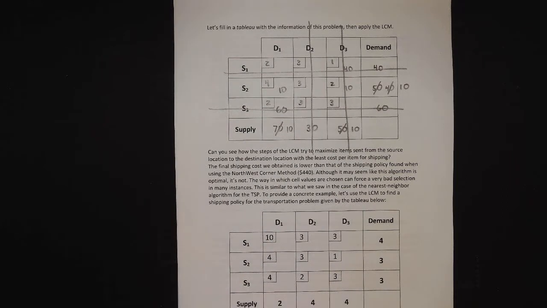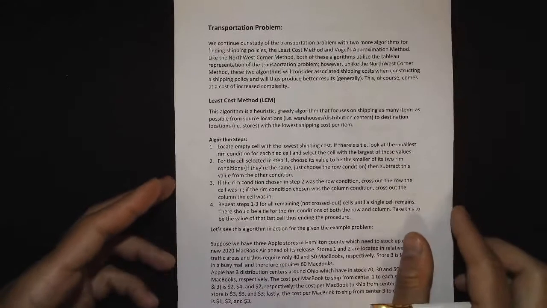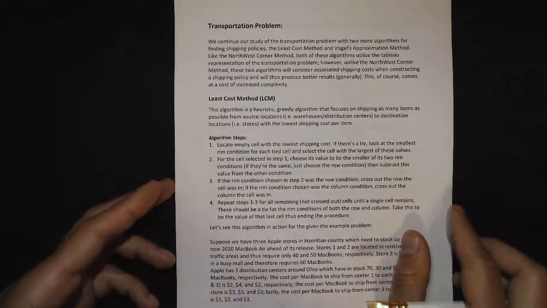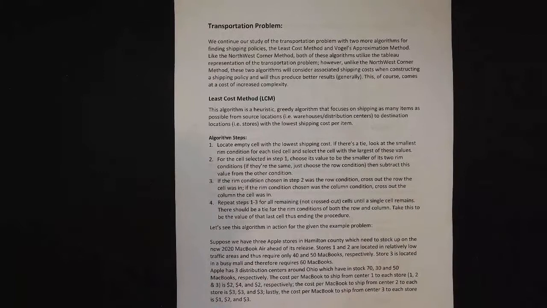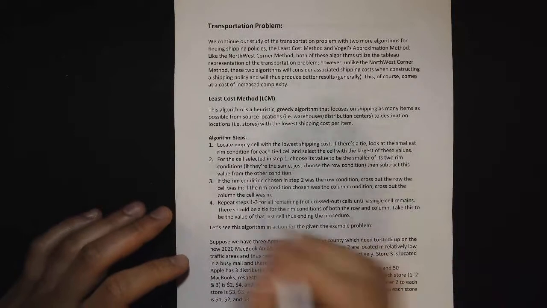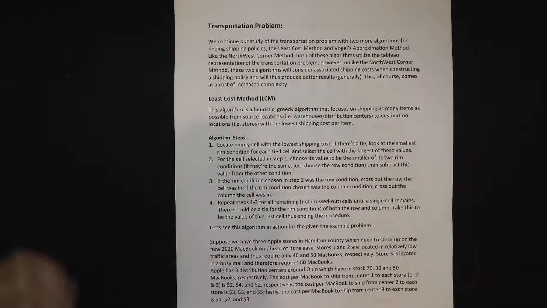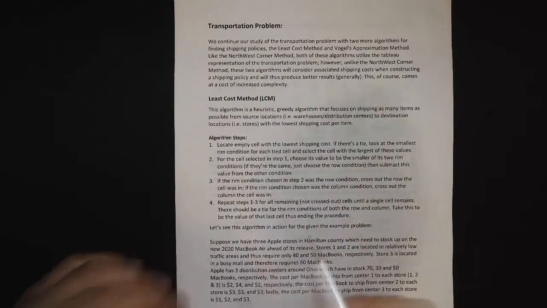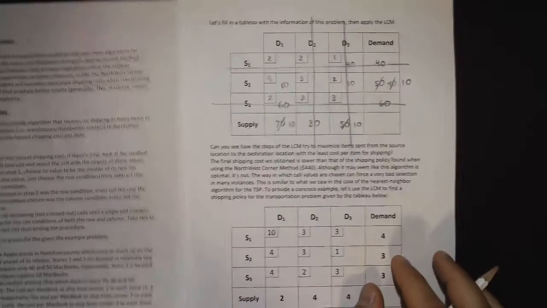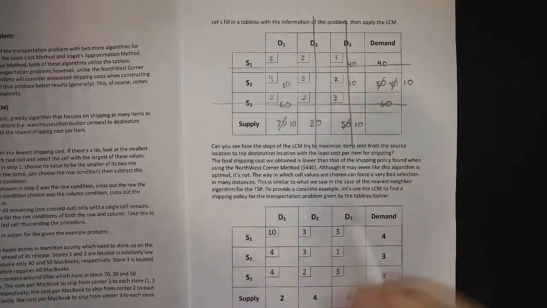Okay, if you're back from your pause, these are the steps of the least cost method. In the very first step, we see the most direct way in which this method tries to maximize this quantity.